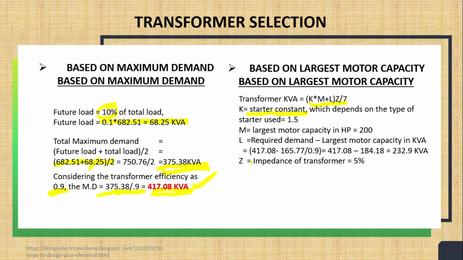The equation is shown here, required demand minus largest motor capacity in kVA, and Z is the percentage impedance of the transformer, which might vary from transformer to transformer. Here for the calculation purpose we consider it as 5%.